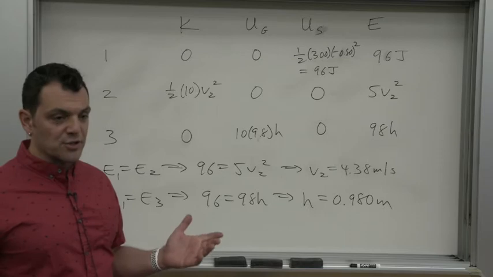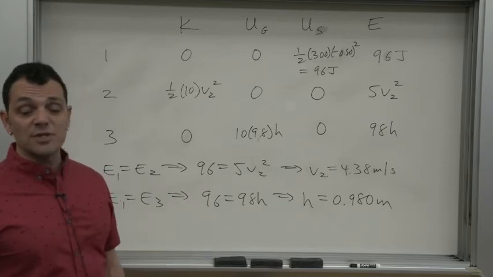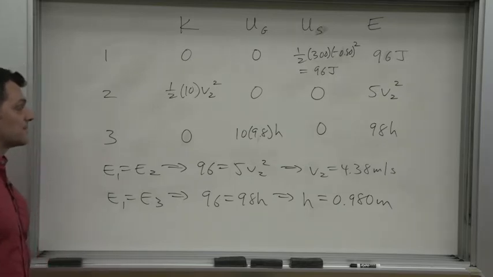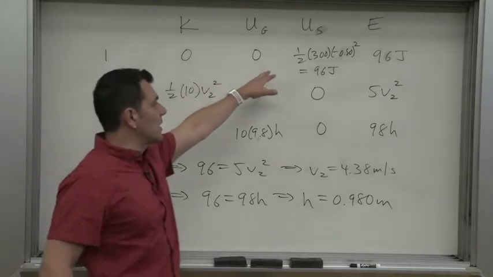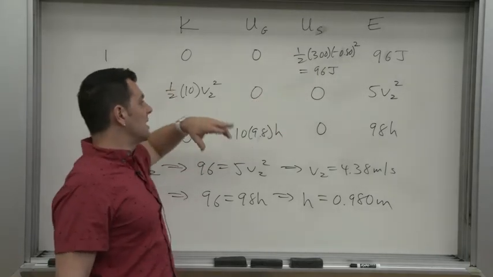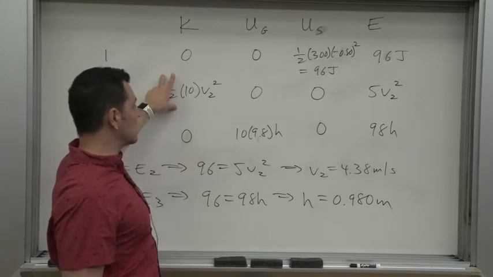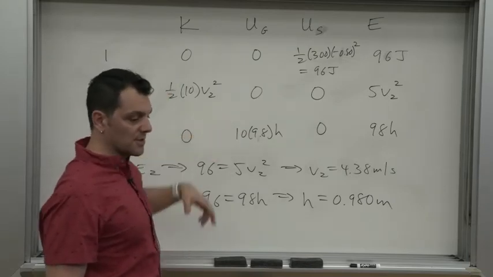Tension doesn't even enter the picture, and it's a frictionless surface, so we can apply conservation of mechanical energy. So once again, notice that we started off entirely with spring potential energy, then that energy was converted into kinetic energy, which was then converted into gravitational potential energy.